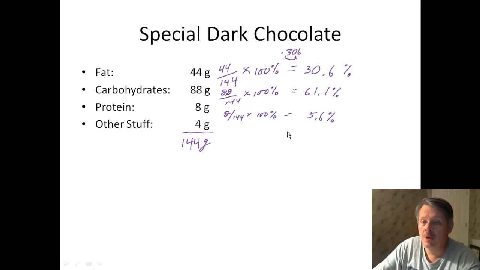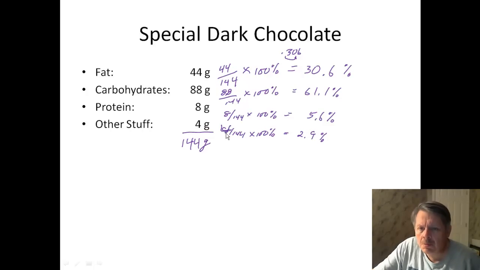And 4 grams is going to be half of that. So if I take 4 and divide by 144 and multiply by 100%, I'm going to get 2.8. Sorry, that's a 4, my bad.